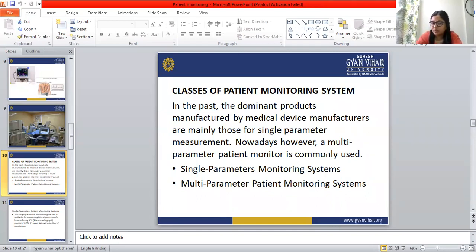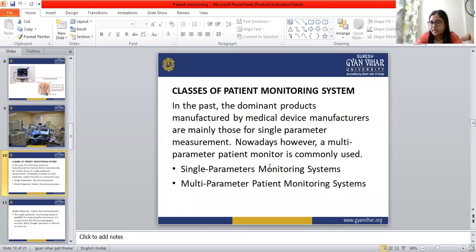So there are two types of patient monitoring: single parameter monitoring system and multi-parameter patient monitoring system. An example of the single parameter monitoring system is when we check our blood sugar level. There is a small machine available in the market, so we can check only the blood sugar with that machine.